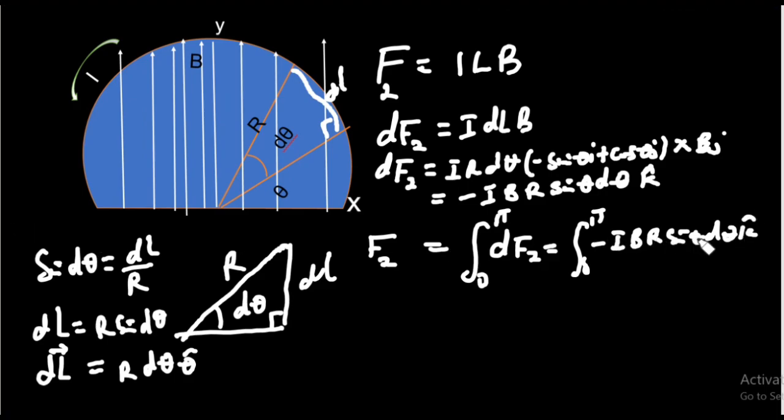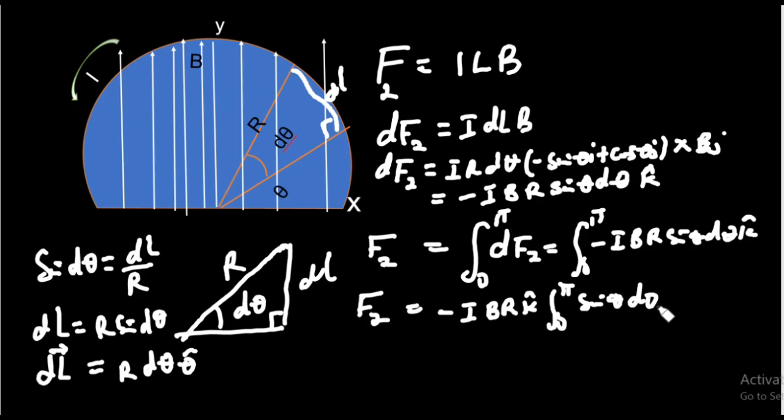Now these are constants, so F2 equals minus I B R k times the integral from 0 to π of sine θ dθ.